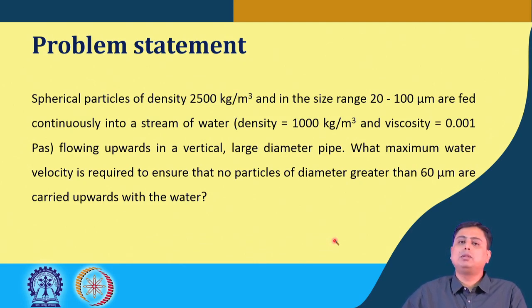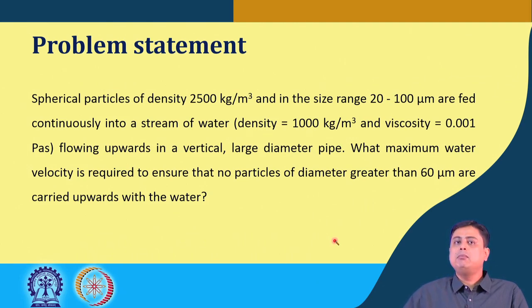If you remember one of the problems that we have solved earlier, containing a two particle mixture A and B of same size range but having different density, and the water stream was flowing upward, we had seen this concept. This is a much more simplified problem. So, the question is: spherical particle, density known, size range known, continuously fed into a stream of water flowing upward in a large diameter pipe.